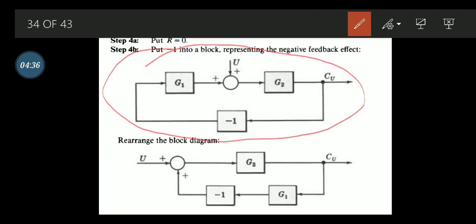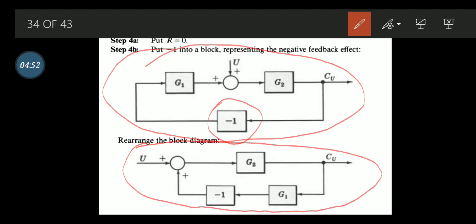Now here we consider the summing point at the feedback as a single block, that is -1. Then rearrange the block diagram. If we rearrange it, the equivalent block diagram can be represented like this. Now again this -1 is moved to the summing point.